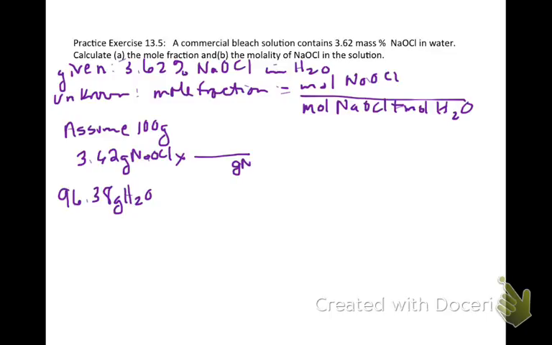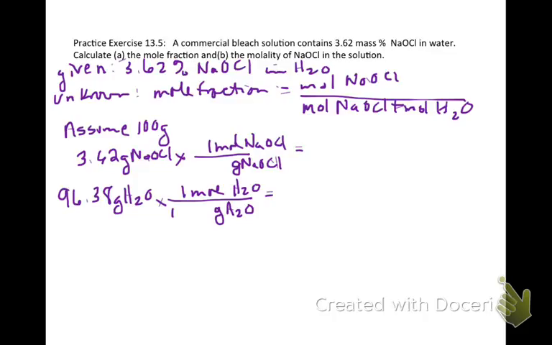So I know grams of sodium hypochlorite in 1 mole of sodium hypochlorite. And if you notice, I use labels on things because in these solution problems, there's moles of solute, moles of solution, moles of solvent, masses of different things.